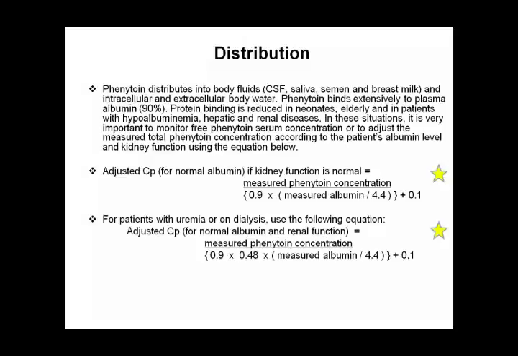In a normal patient, you will have 10% free, 90% bound. In a patient with uremia or hypoalbuminemia, you may have 20% or 30% free fraction. And in these cases, sometimes the clinician will just go ahead and order free phenytoin.